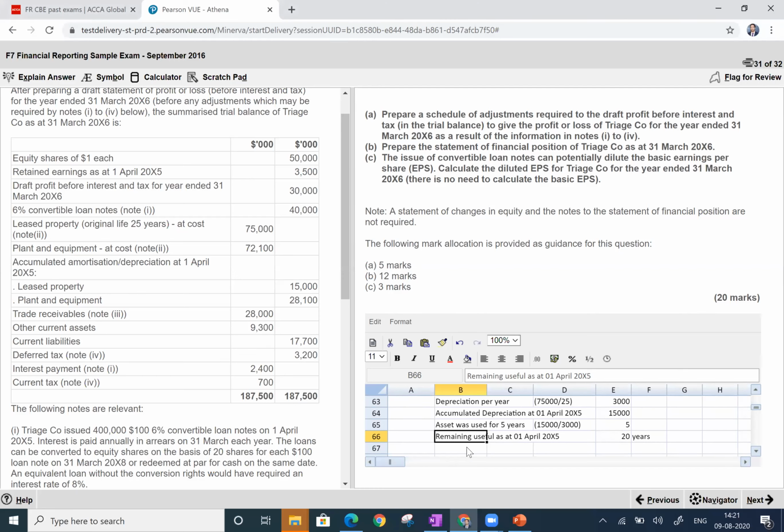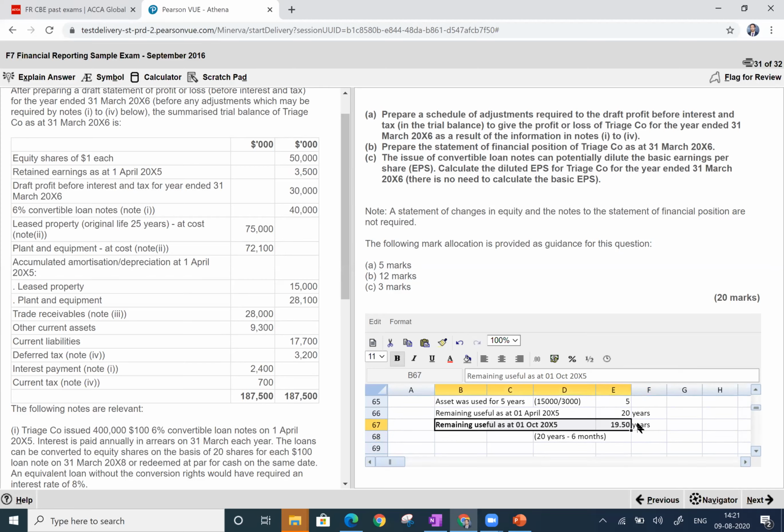So remaining useful life on 1st October 20x5 will be 20 years minus 6 months, that is 19.5 years. Here you have to be very careful. 19.5 years. Clear? Any doubts?